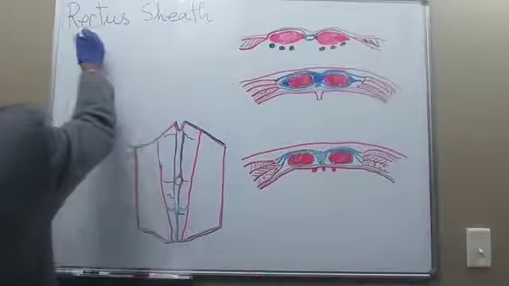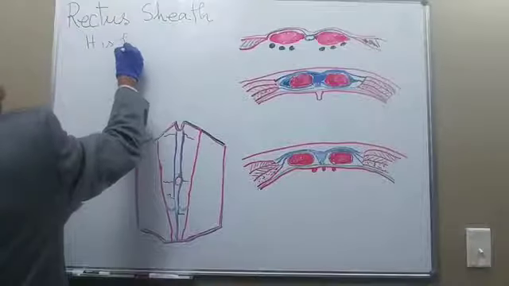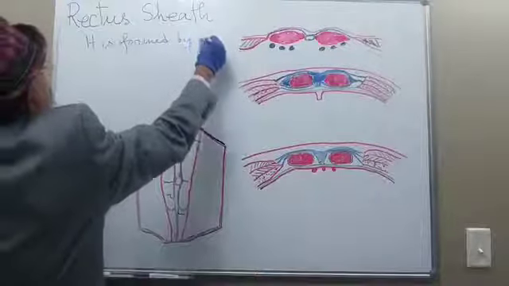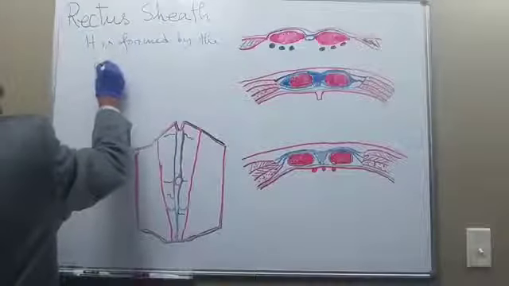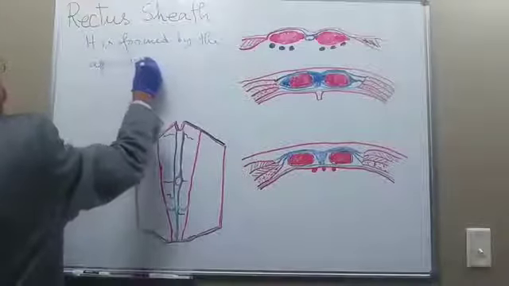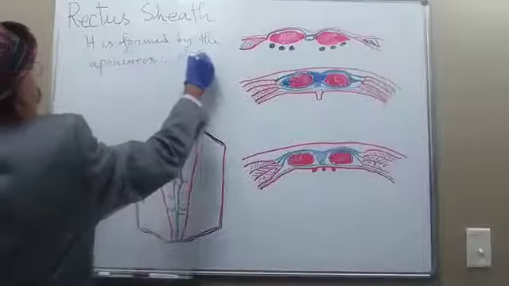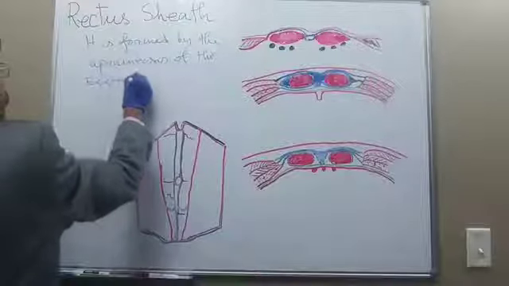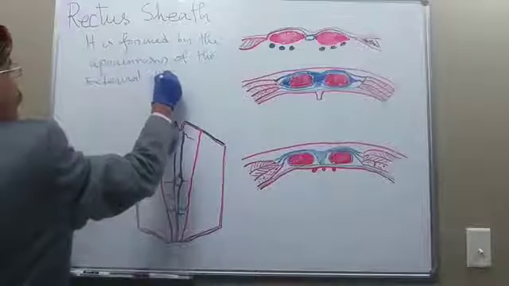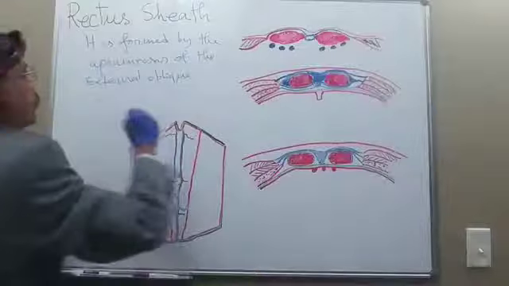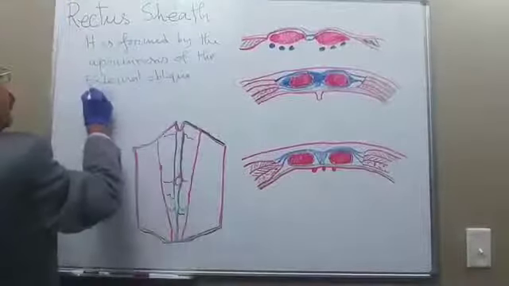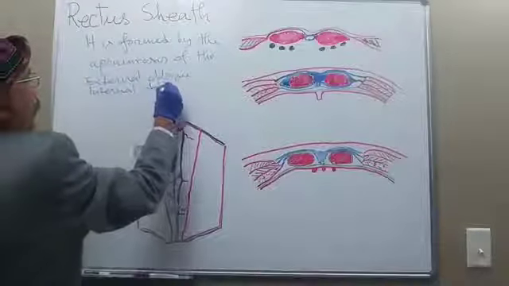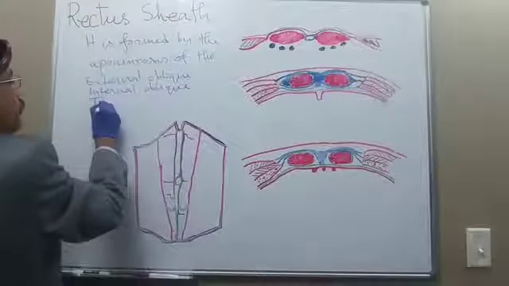So it is formed by the aponeurosis of the external oblique, internal oblique, transversus abdominis.